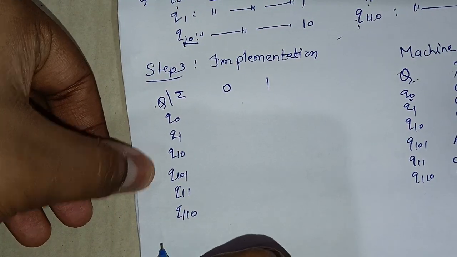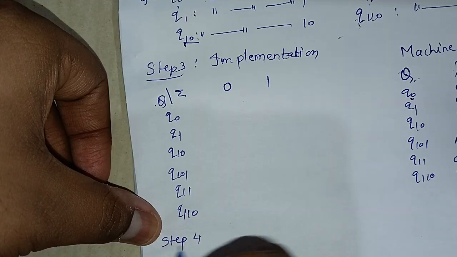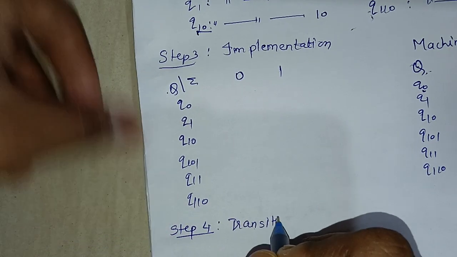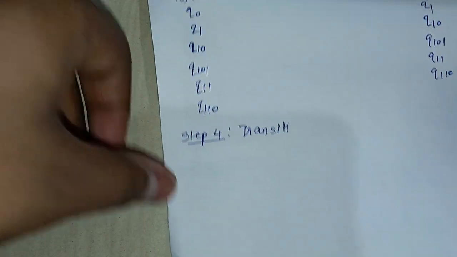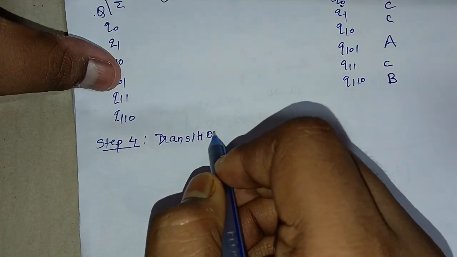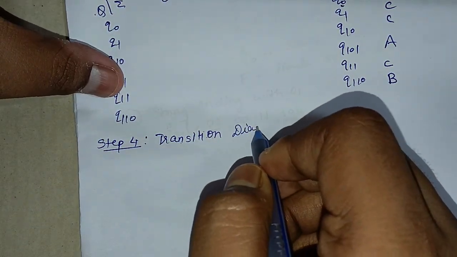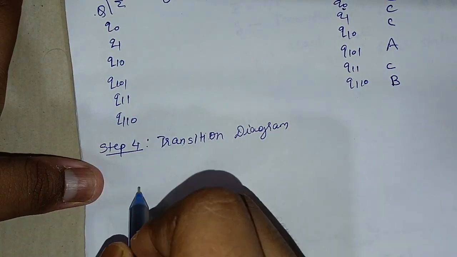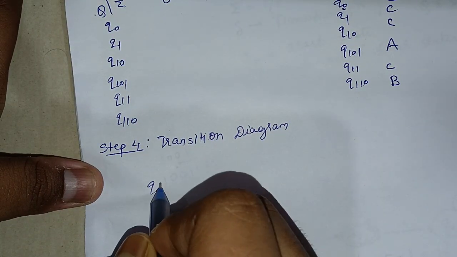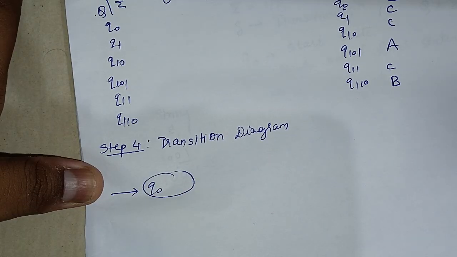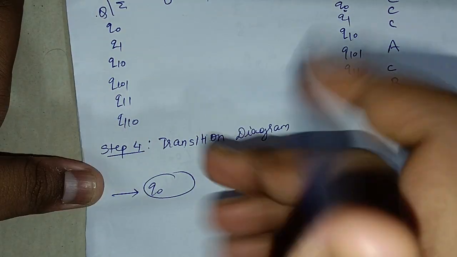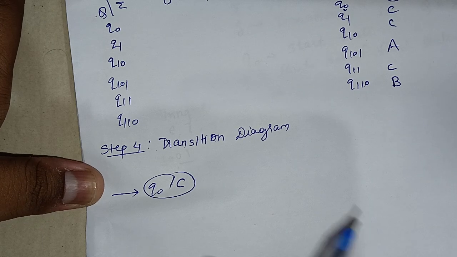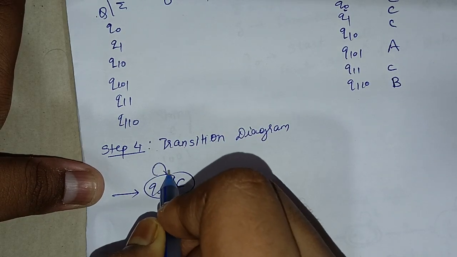First we will draw the transition diagram. Now see, Q0 is our starting state. As I told you, Q0 is C, so I will give C with the state. If it receives 0, we don't have to do any transition.